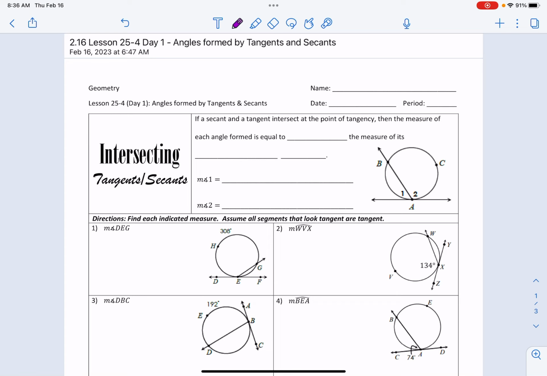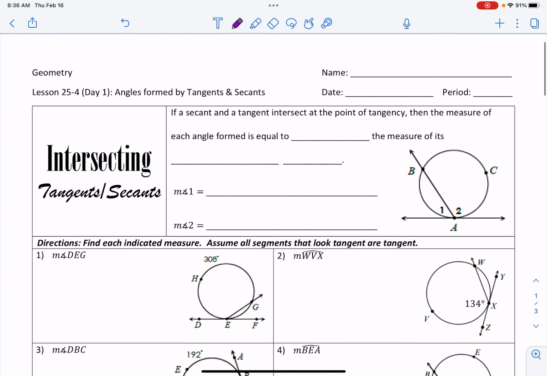As we can recall, if we have this tangent line, it intersects at a point of tangency. Then the measurement of each of those angles is going to be equal to half the measure of its intercepted arc. It's very similar to what we did before with intercepted arcs and inscribed angles, but now we're just going to have tangent lines in the place of inscribed angles.